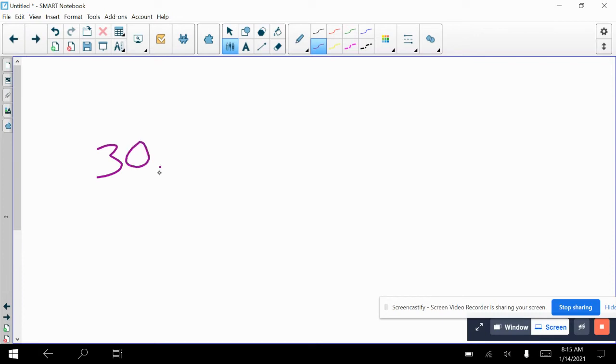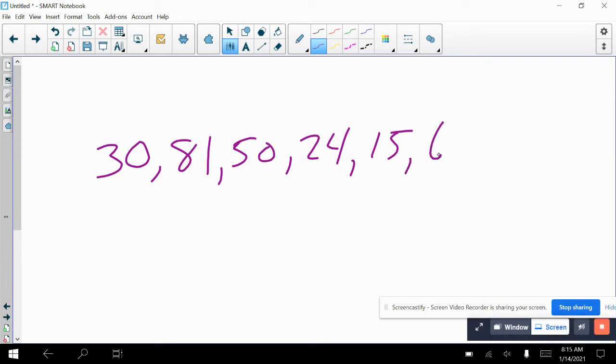All right. So here's another data set. So we got 30, 81, 50, 24, 15, and 64. So they're kind of all over the board here. We got a couple high ones, a couple low ones, a couple middle of the road.